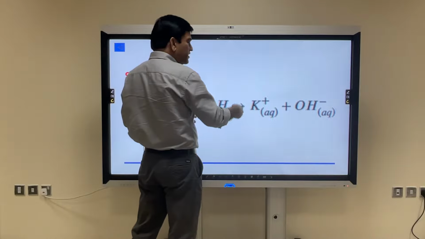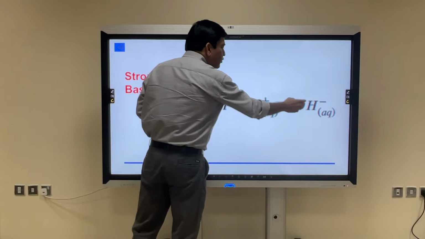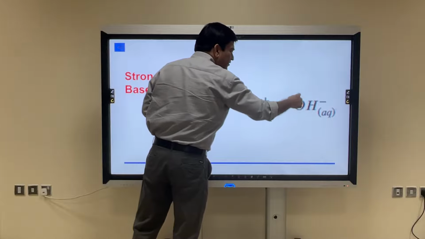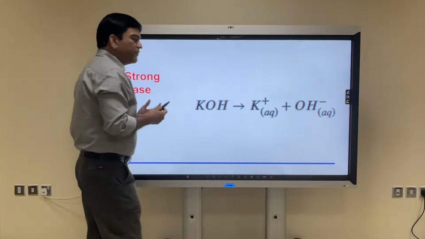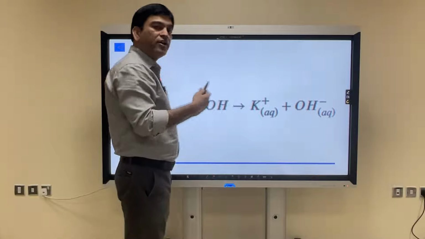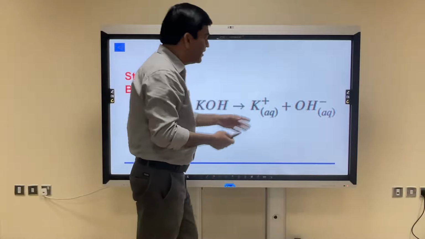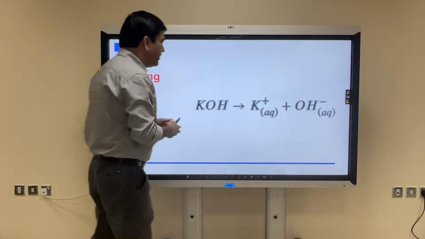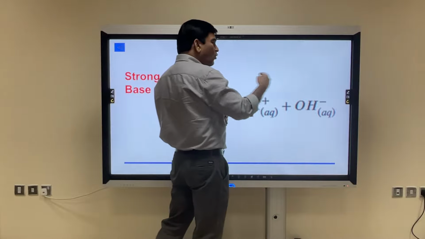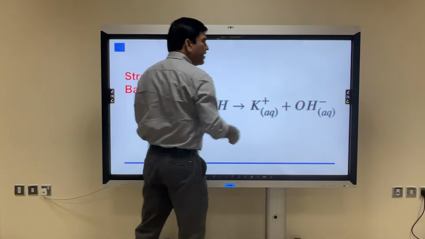It is dissociated into K+ plus OH-. Again, OH- is the definition of a base or alkali. Anything that gives you a hydroxide or hydroxyl ion, OH-, is considered to be a base, and KOH is a base that gives you K+ plus OH-. All of them release OH- ion in solution.